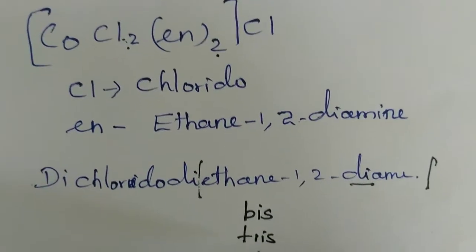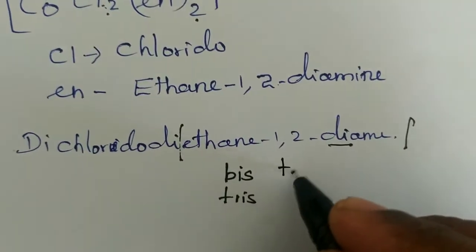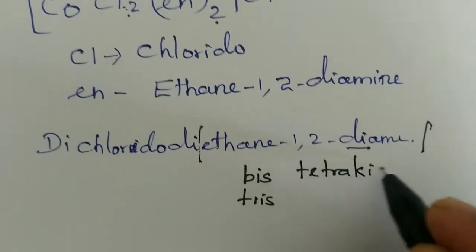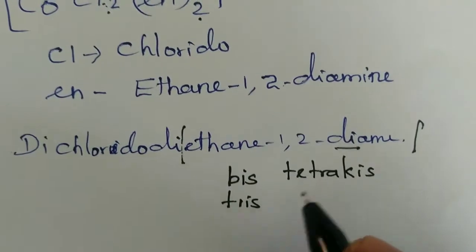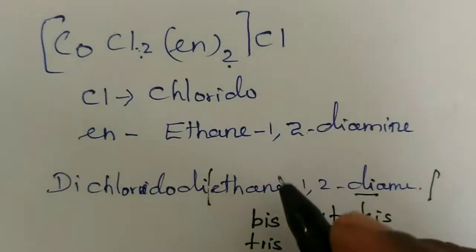If it is repeating 3 times, you have to use tris. If it is repeating 4 times, we use tetrakis. If it is repeating 5 times, we use pentakis. Like that, we have to use. So, this is not correct.